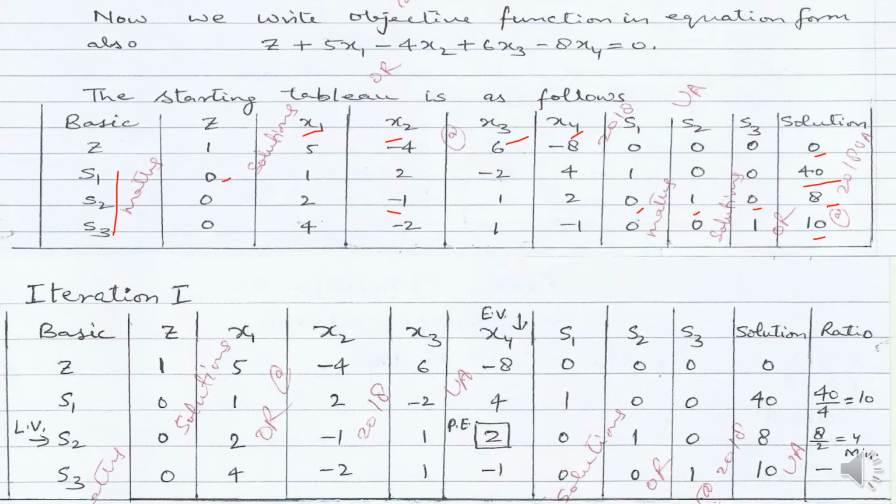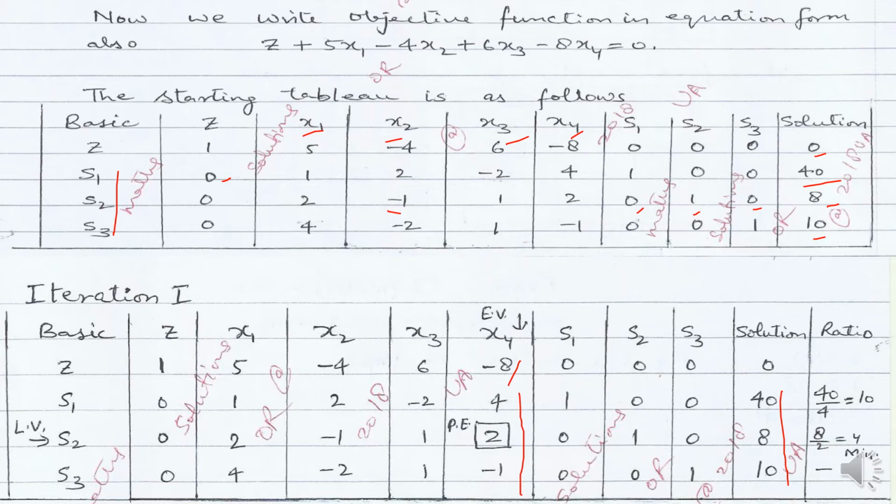But now it is a maximization type problem, so we check for the most negative, that is minus 8 here. So this becomes our entering variable, and this column becomes our pivot column. And for finding the leaving variable, we check the ratio of solution and the corresponding element of the pivot column.